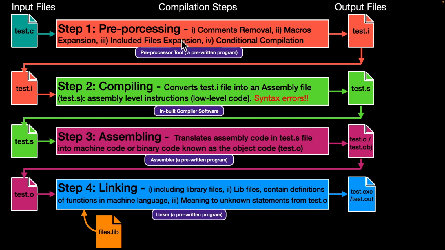So all these steps are working together. It is teamwork. If any step is stalled, then it's going to affect the next step. So all these 4 steps are taking place in the background where we can't see them, but it is happening.